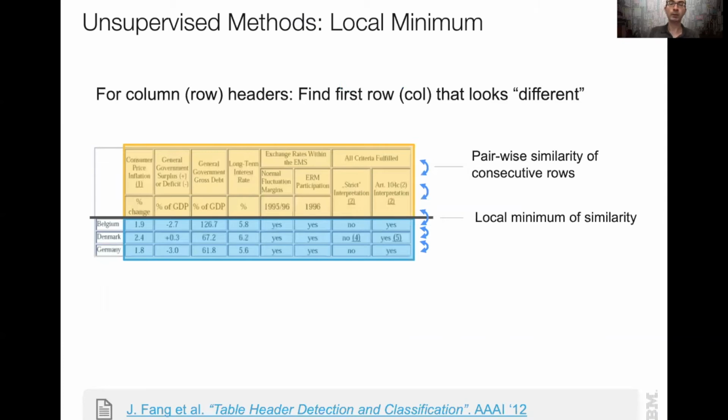A simple example of such an approach is one of the baselines that is presented by Funk et al., which computes the pairwise similarity of consecutive rows and tries to find the local minimum of the similarity, which ideally corresponds to the splitting point between column headers and data rows.